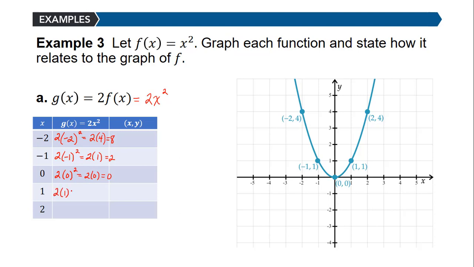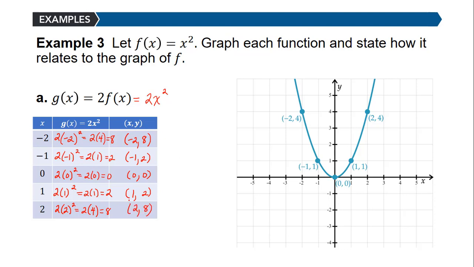Substituting 1, 2 times 1 squared is 2 times 1, which is 2. And lastly, we substitute 2 in for x to get 2 times 2 squared, which is 2 times 4, or 8. So notice we have the ordered pairs (-2, 8), (-1, 2), (0, 0), (1, 2), and (2, 8).